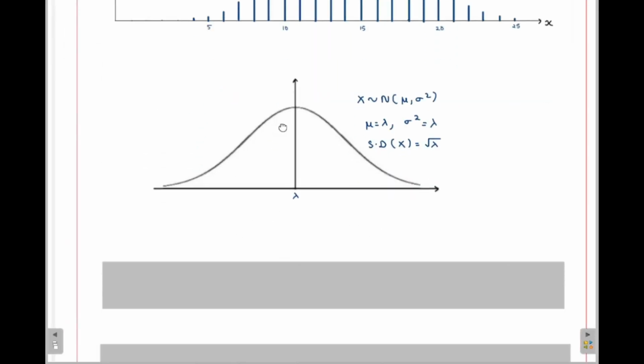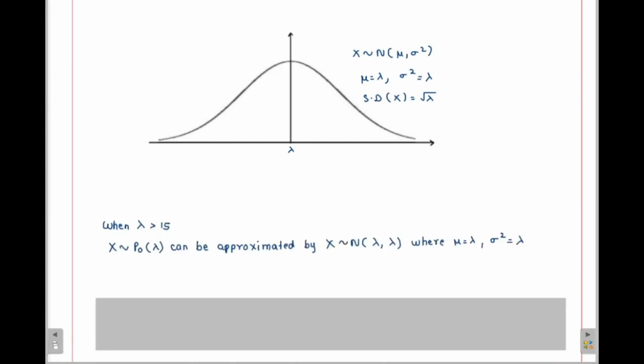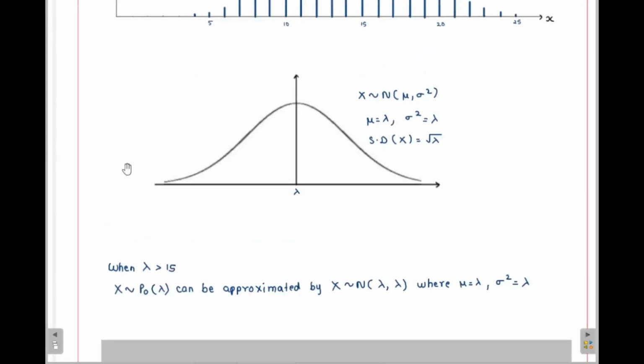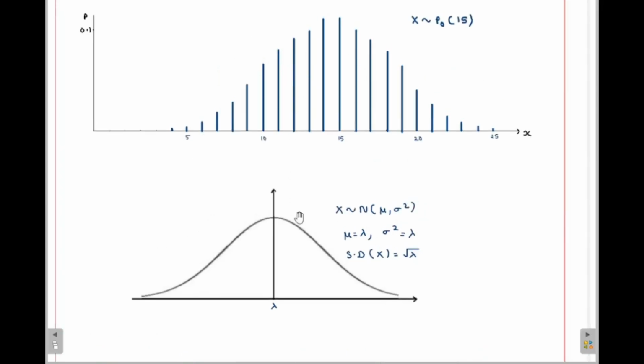Correct? So the same thing can be written in the form of a condition. We can say that when lambda is greater than 15, a discrete random variable following a Poisson distribution can be approximated by a normal distribution where the mean and the variance are both equal to lambda. But we need to be really cautious here. We are trying to approximate a discrete random variable using a continuous random variable.